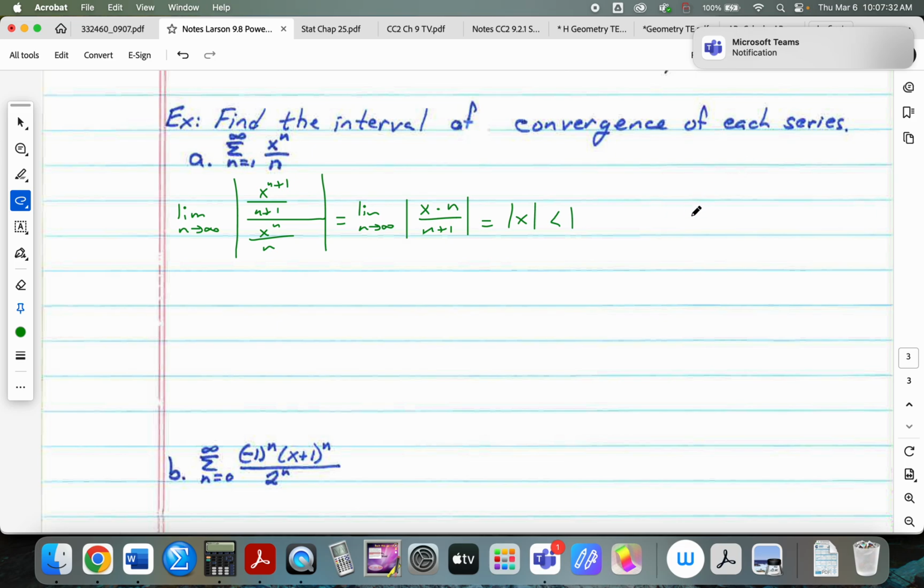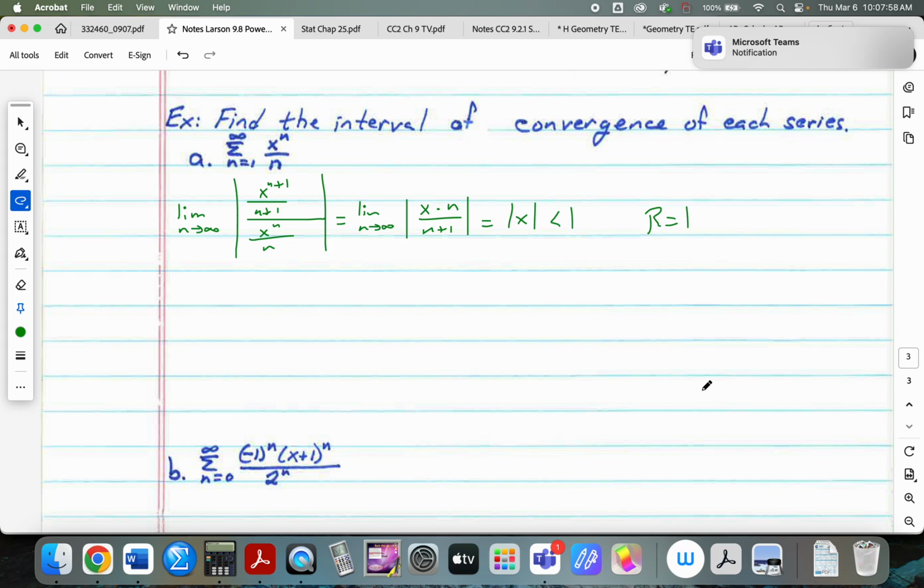So as soon as you get rid of all of the n's, this is going to give you your radius of convergence. Once you just have either the absolute value of x or the absolute value of x minus something, x plus something, you got to get rid of all the other constants also, though, and I'll show you an example of that in just a second. So our radius of convergence is equal to 1.